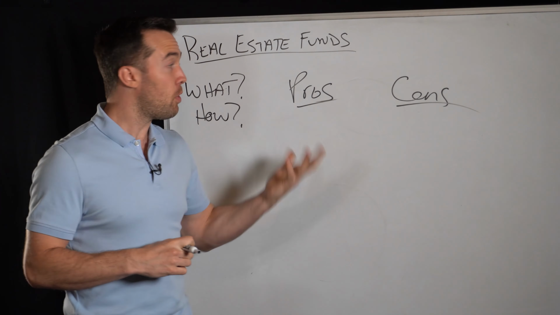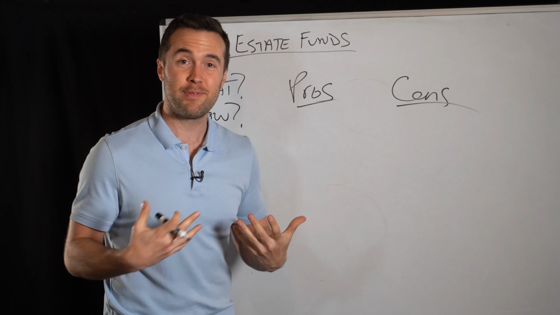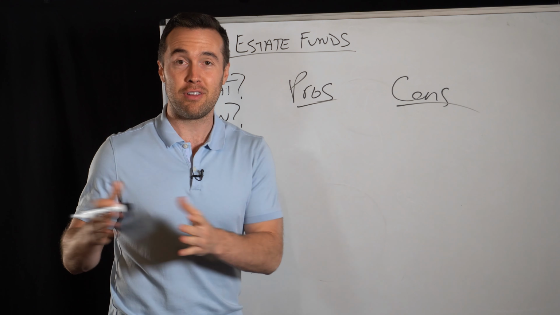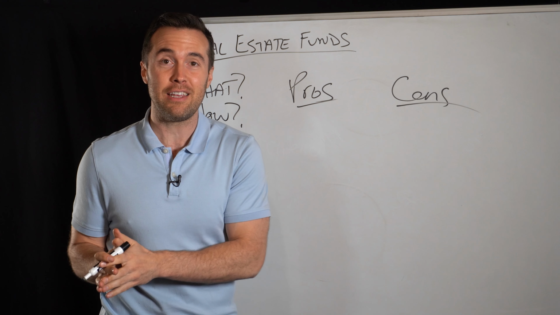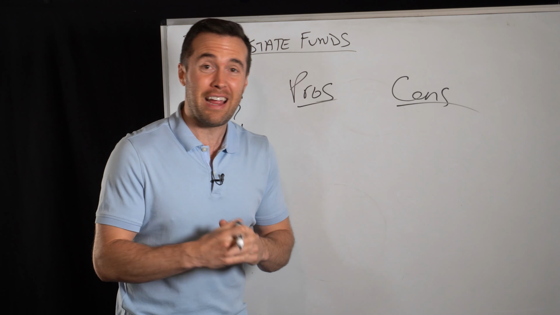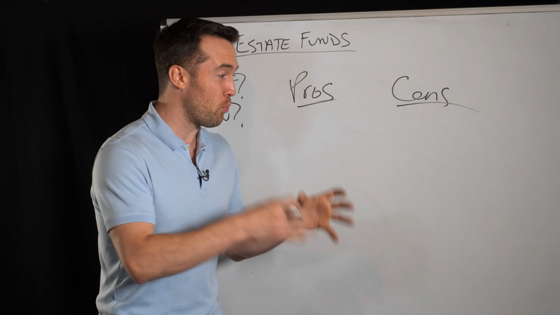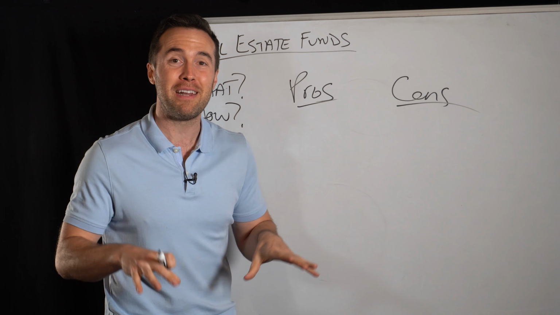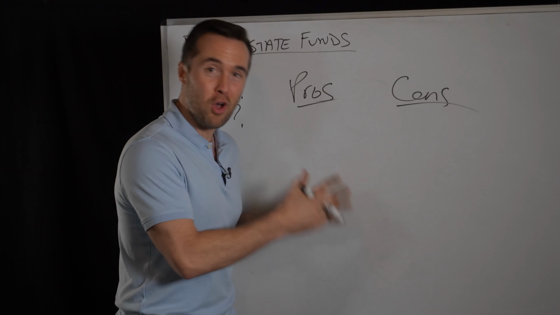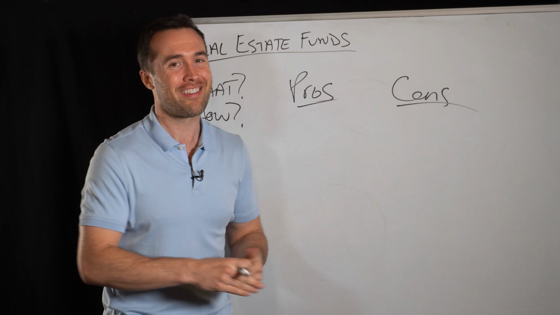And the last advantage I want to talk about is when you're a passive investor with the syndication, you invest your money, and then when they wrap it up, when you exit that deal, you have to find another deal to put your money in. With the fund, you invest in the fund and your money just keeps working. It moves from one deal to the next deal because they're all happening inside the fund. You're not out shopping for the next deal because the money's already there and it's already working on the next deal.